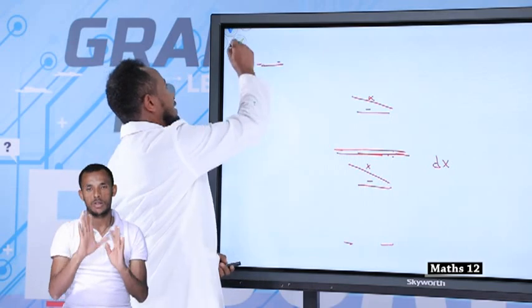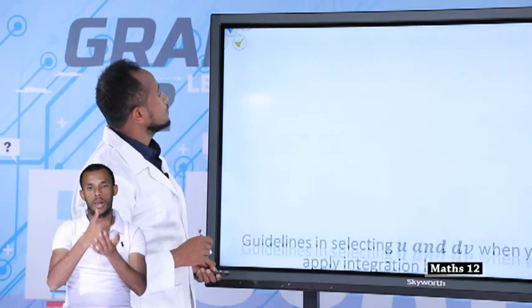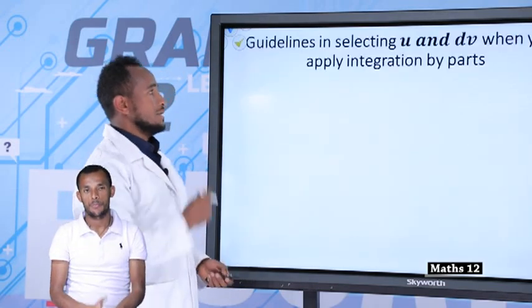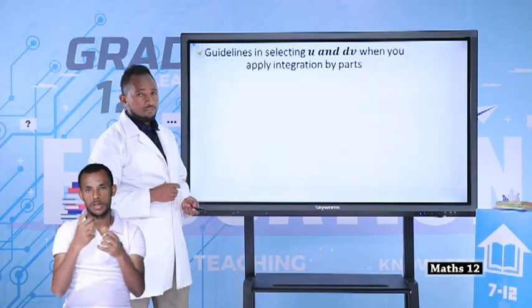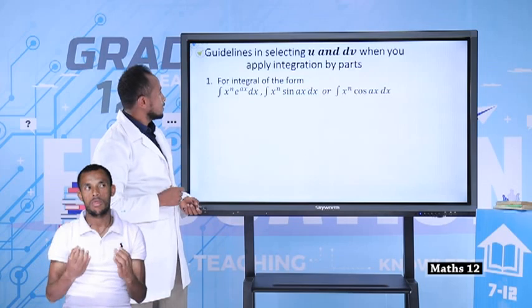Now let's go to the guideline. Guidelines in selecting u and dv when you apply integration by parts.